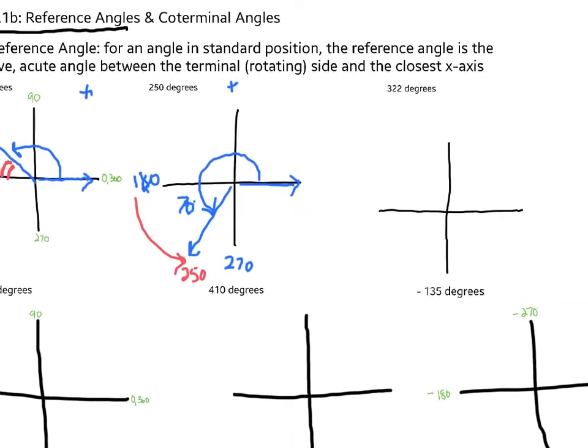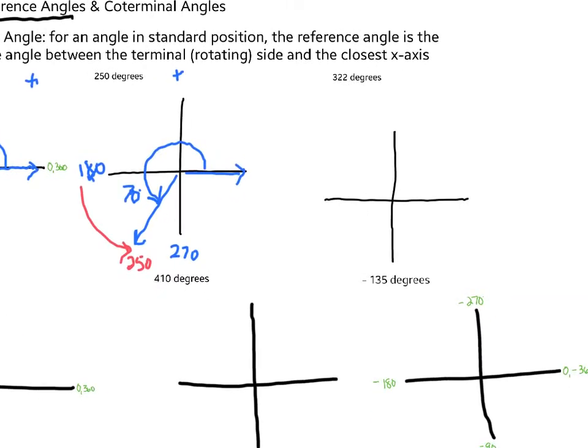Let's try another one. 322 degrees. So again, the positive angle. Start on the positive x-axis for my initial side, 322. I know that at the bottom is 270, and once around is 360. So 322 must be somewhere in quadrant 4, with a positive rotation, so I show that it went all the way around to there.